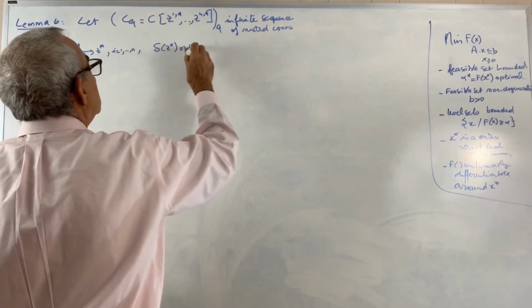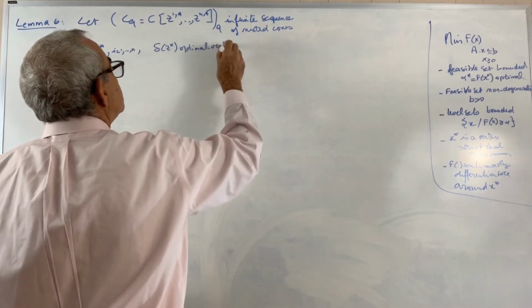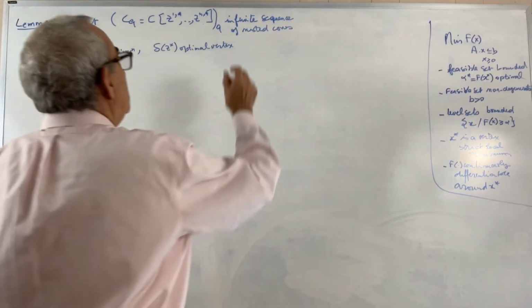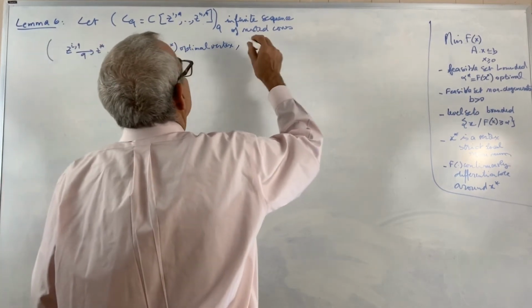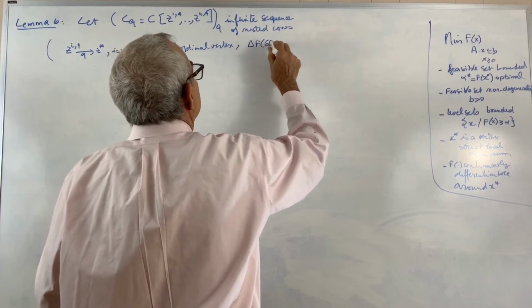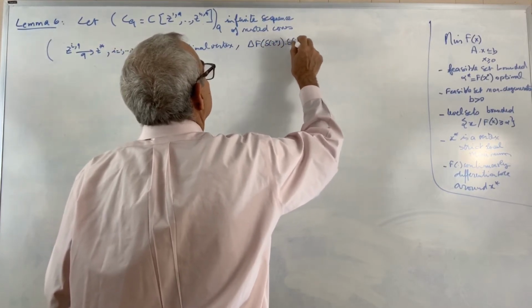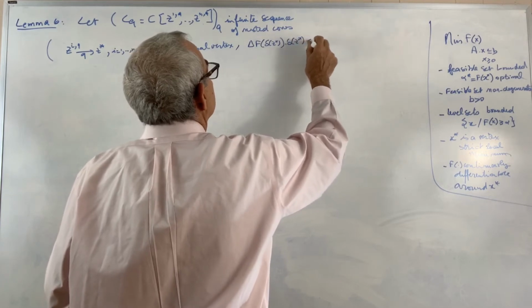is an optimal vertex, all right? And we also know that the gradient of F at delta Z star is negative.